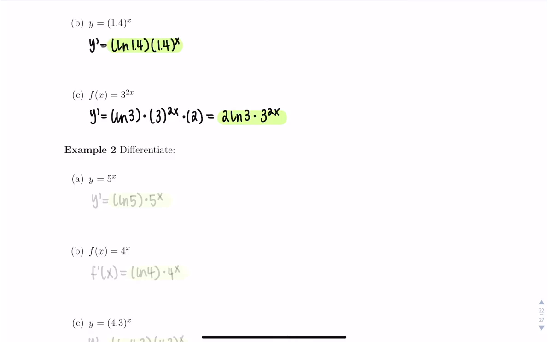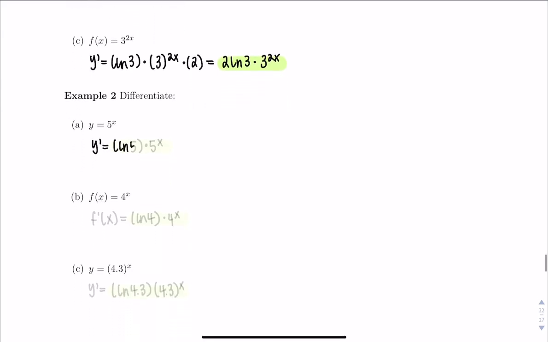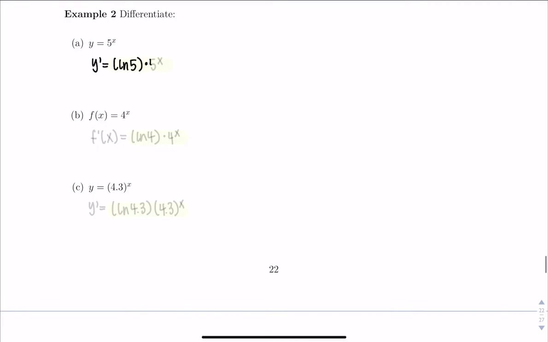Let's go ahead and try the second set. Very similar to the first set. So when I differentiate 5 to the x, I get ln of 5 times the original, 5 to the x.